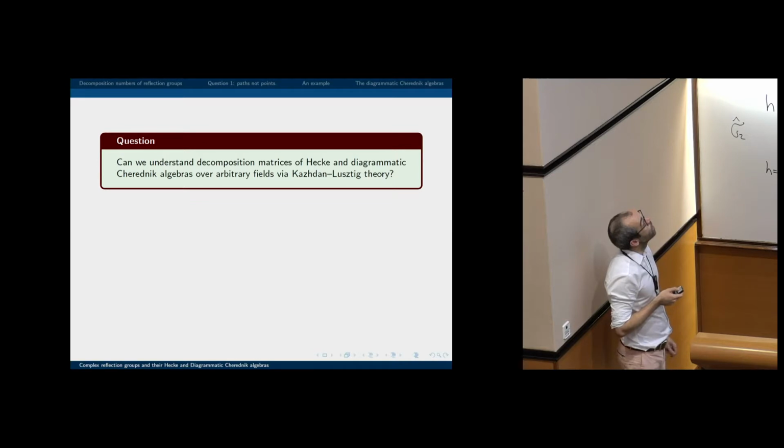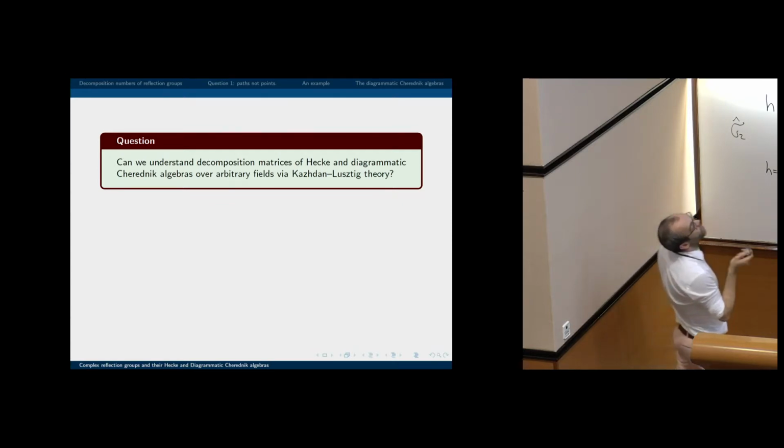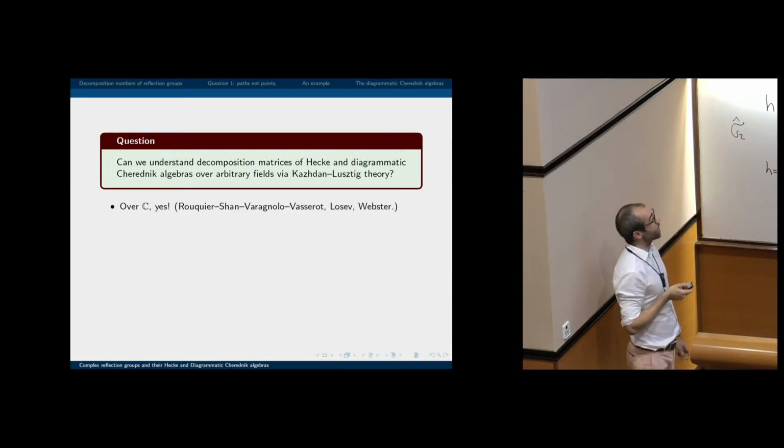So, can we understand the decomposition matrices of Hecke algebras over arbitrary fields via Kazhdan-Lusztig theory? Okay, so over C, yes. Rouquier, Chuang-Miyachi, Varagnolo-Vasserot and Losev proved this, and later, again, Webster proved it.